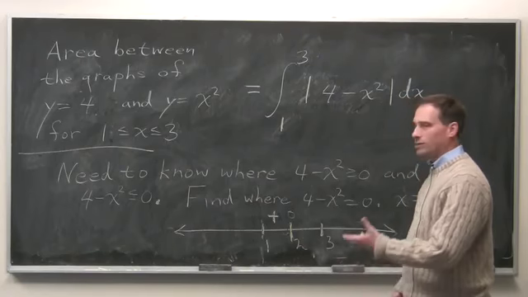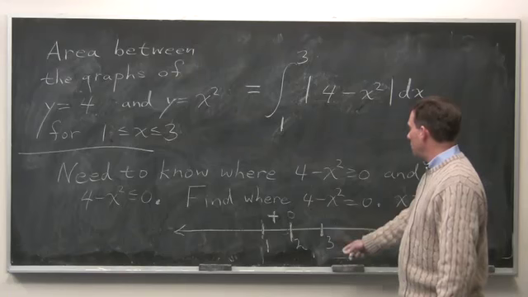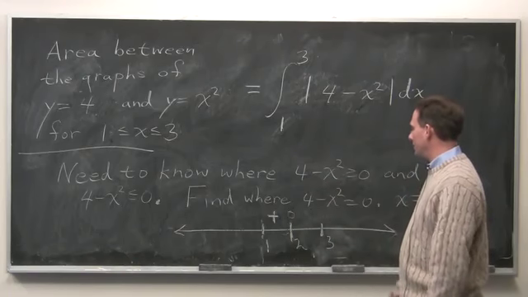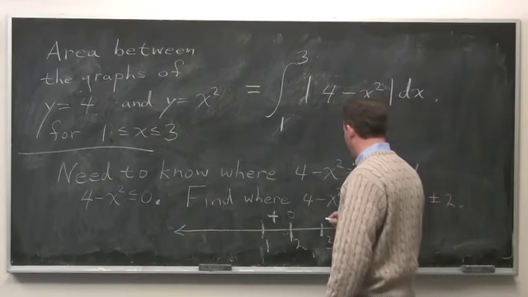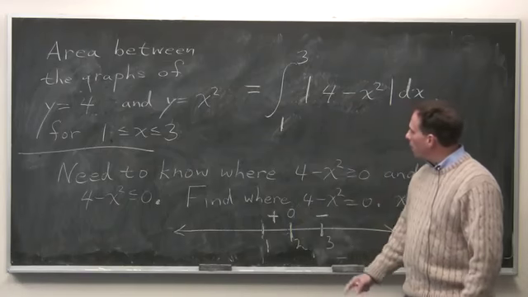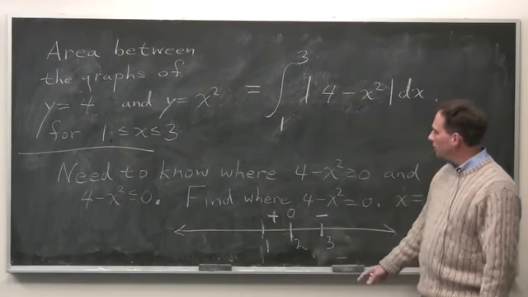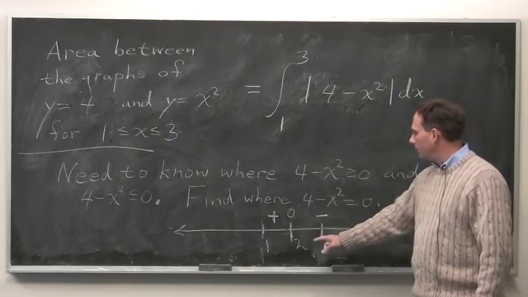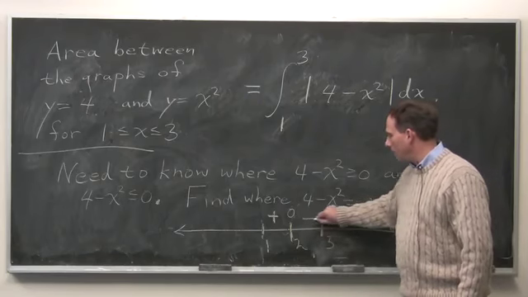It only could change at plus or minus 2. So just put in 3. You get 4 minus 9, that's minus 5, that's negative. So 4 minus x squared is positive between 1 and 2 and negative between 2 and 3.